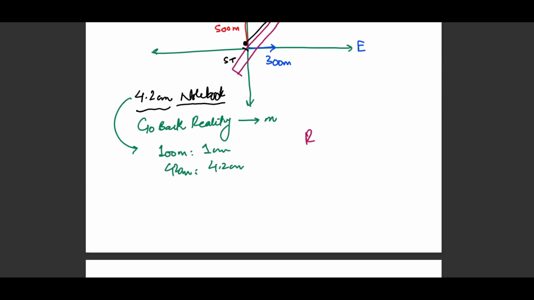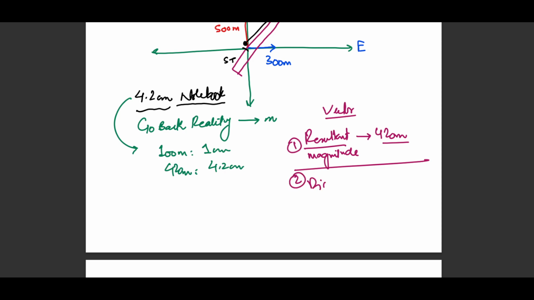So my final resultant of this question would be 420 meters. Now, since displacement is a vector, I have given the magnitude successfully. But what about the second part of my question? That is the direction. Where is the direction, right?